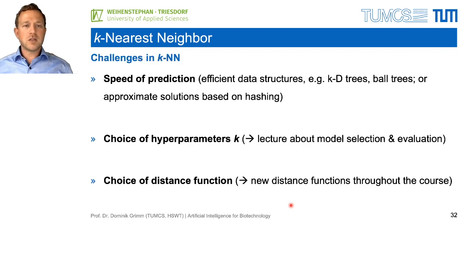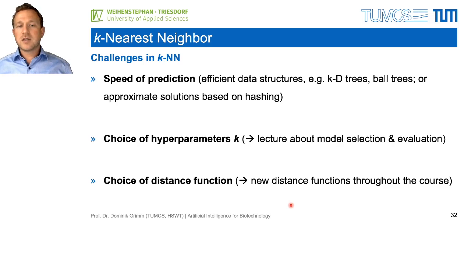So what are the challenges of our classifier? Speed of prediction could be a challenge if we have a lot of data. But this could be solved by efficient data structures, which we won't learn in this course right now. There are specific hashing functions or data structures that help us to speed up the predictions.